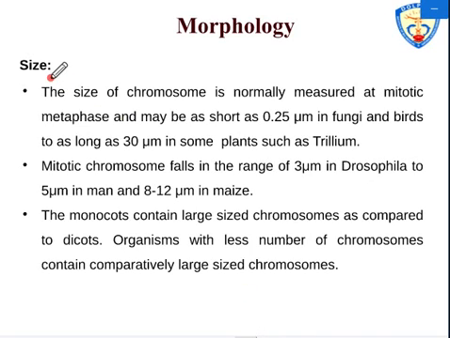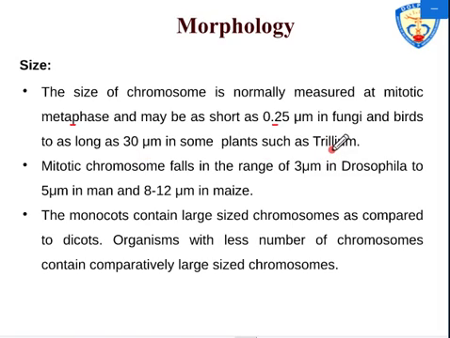The size of a chromosome is normally measured at the time of metaphase, because that is a stage where the chromosomes are most condensed, and because they are most condensed, they are easily visualized. Now, size of chromosome ranges. It can be as short as 0.25 micrometers in fungi and birds to as long as 30 micrometers in some plants such as trillium.